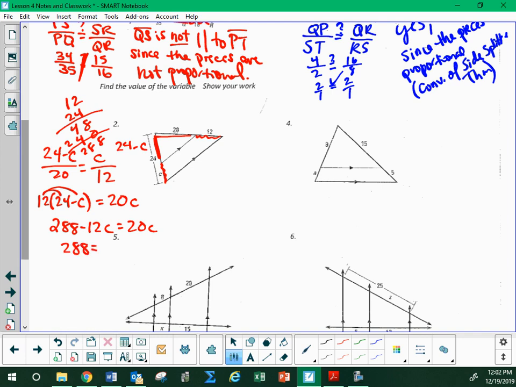So add the 12C, get 32C, then divide by 32. Right, added over. That is still the number one mistake that I see across the board: instead of adding 12C to both sides, you guys subtract it.